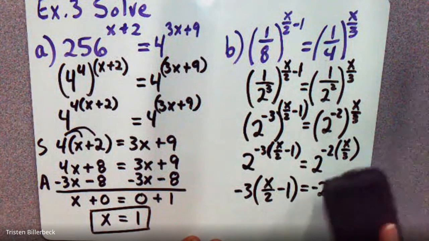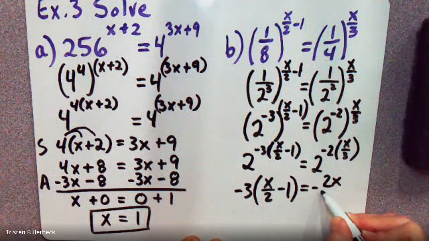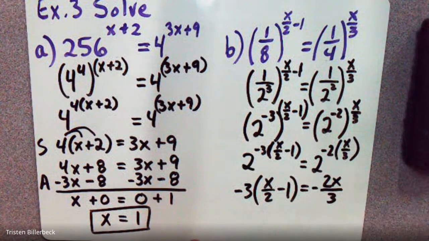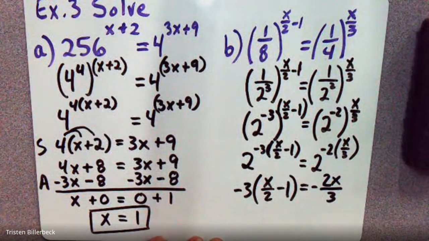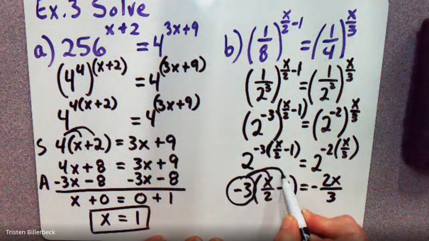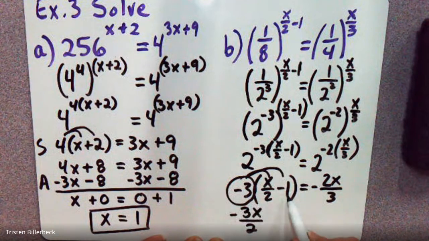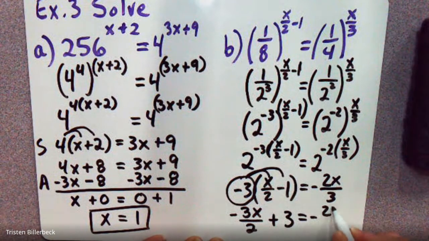And let's multiply that one out because that's pretty simple. Negative 2x over 3. All right, so let's distribute the negative 3 to both terms. So negative 3 times x over 2 is negative 3x over 2. Negative 3 times negative 1 makes a positive 3 equals negative 2x over 3.